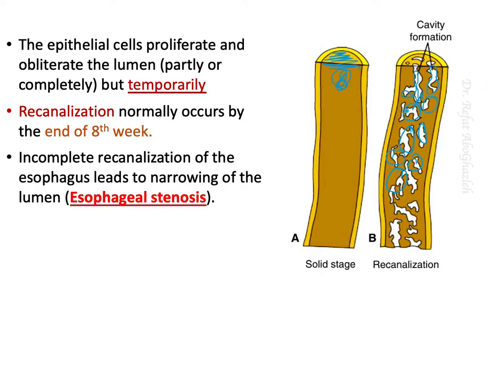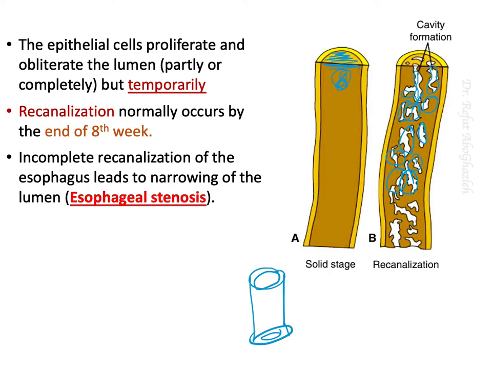With further days, these cavities become like a canal, and this process will make the esophagus have a hollow lumen, empty from inside, right? So this process is called the recanalization or cavitation of the esophagus.